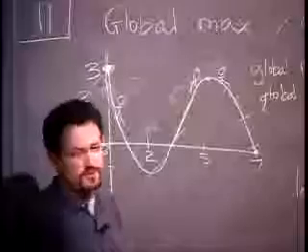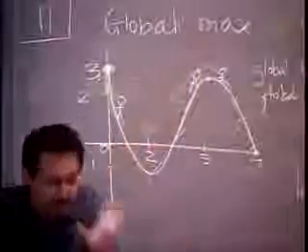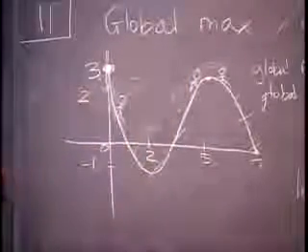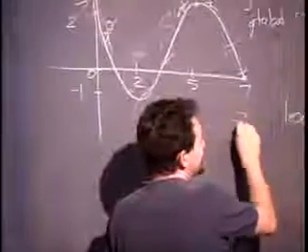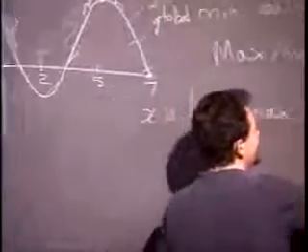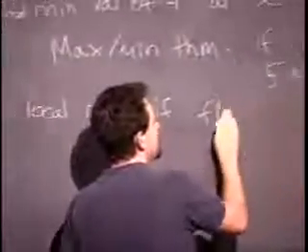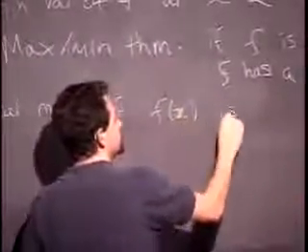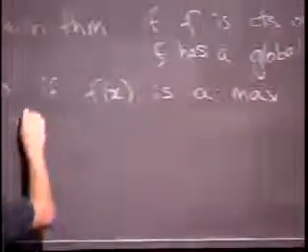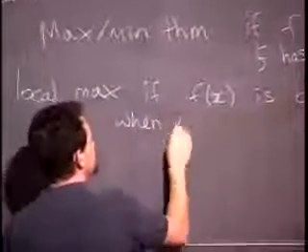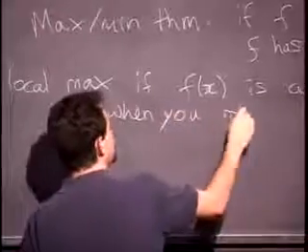It's just you're no longer global, you're only restricted to a very small locality. So a local maximum, so we're going to say x is a local maximum if f of x is a maximum, or a global maximum, when you restrict its domain enough.